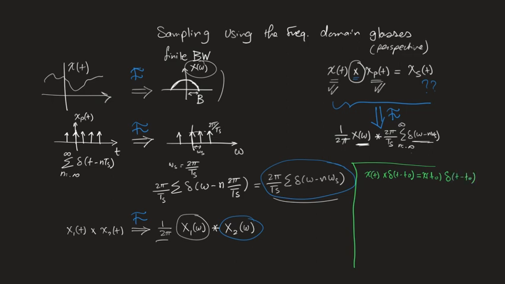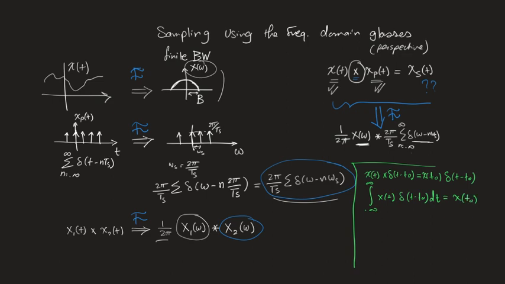So I just end up with a delta scaled by the value of x at t naught. And when I have the integration of x of t multiplied by delta of t minus t naught with respect to time from minus infinity to infinity, this is just the value of x at t naught. That's the second property.